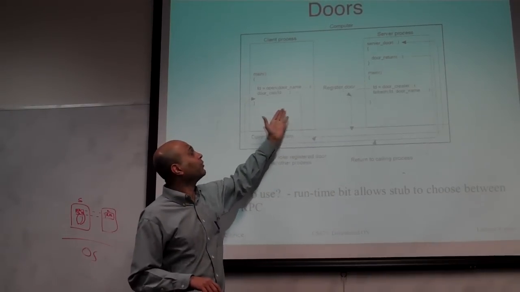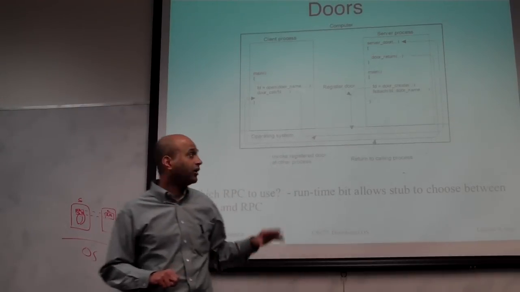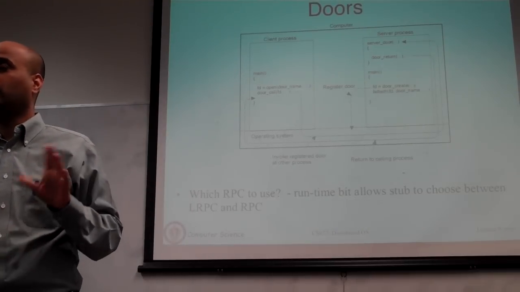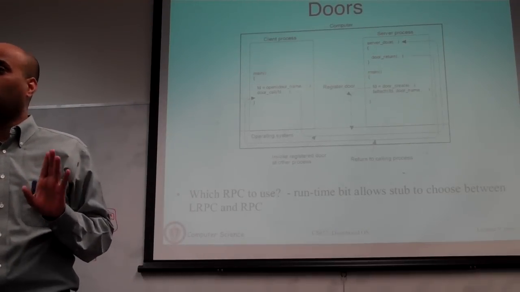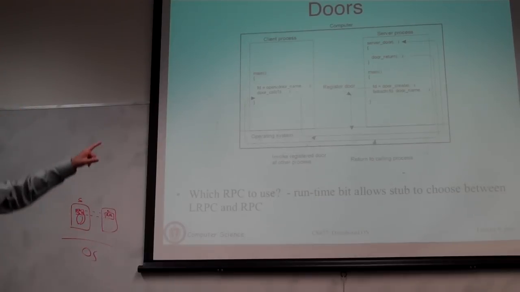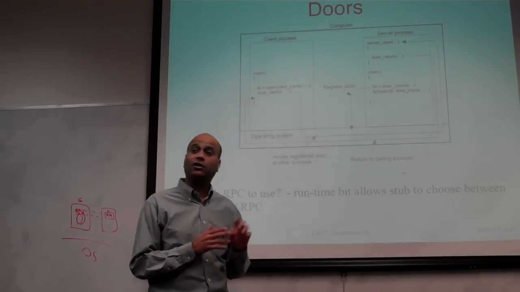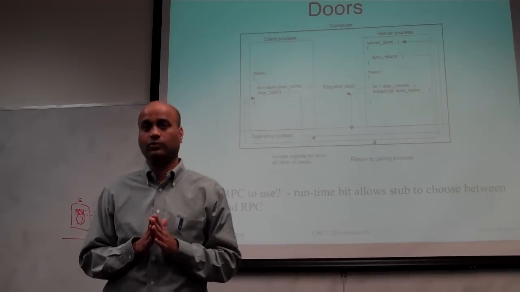Okay, this is the client process, that's the server process, and this mechanism is called doors in Solaris. You don't have to worry about why it's called doors and not windows and all that kind of stuff. Okay, so basically a lightweight RPC mechanism where you are passing a buffer from the client to the server, and this could be decided at runtime also.